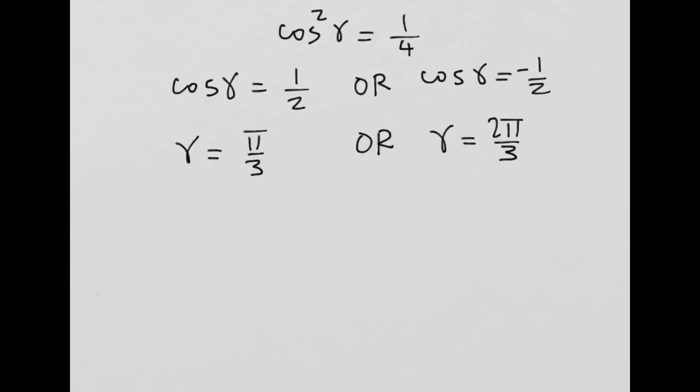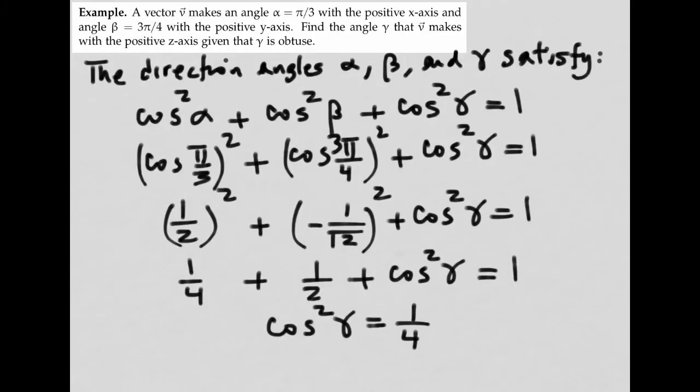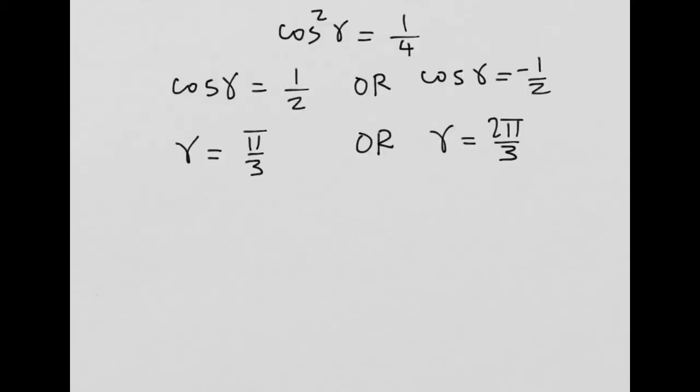But we're given that gamma is an obtuse angle, which means it has to be strictly between 90 degrees and 180 degrees, or between pi over 2 radians and pi radians. Therefore, the correct answer is gamma equals 2 pi over 3.